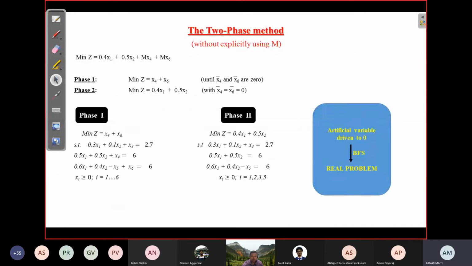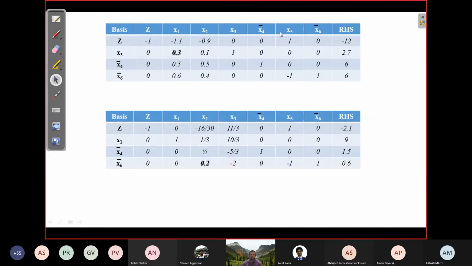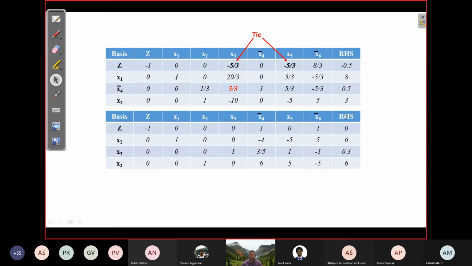Yeah. So this is the first table of phase one, and then you do these simplex steps, you get this next table, which is 9 0, right? And then again you come here at 8.3. Now in 8.3, you see an important thing: when you try to choose the entering basic variable, you have two choices, either x3 or x5, because both of them have the coefficient minus 5 by 3, isn't it?